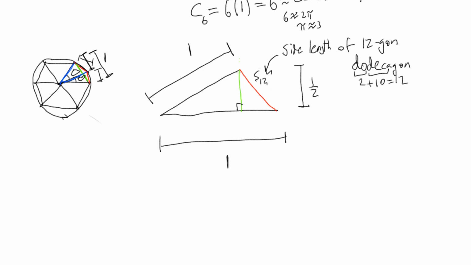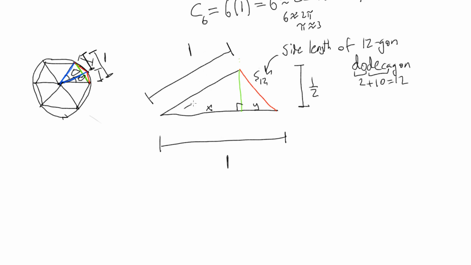But to get that, I'm going to need to figure out this side and this side. So I'm going to call this length here x, and this length y. And let's see if we can find some relationships that would be useful to us.